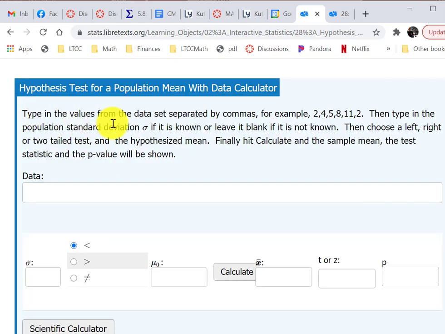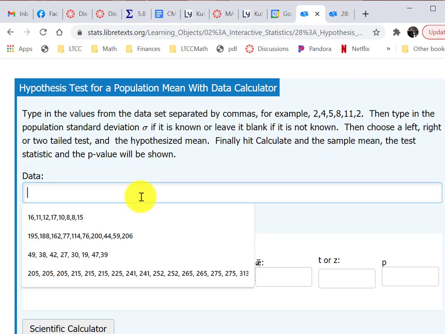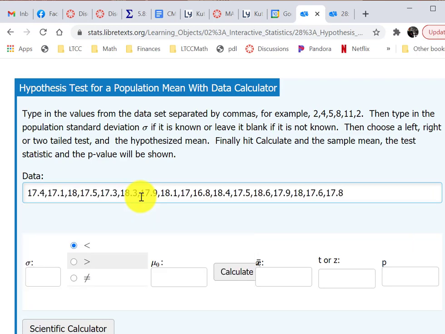It says type in the values from the data set separated by commas. So let's do that. I am going to pretend I just typed them in one at a time, but that usually takes a little bit of time as you type in, you separate it by commas, and then we have our data. We do not know the standard deviation of the population, so leave that blank.